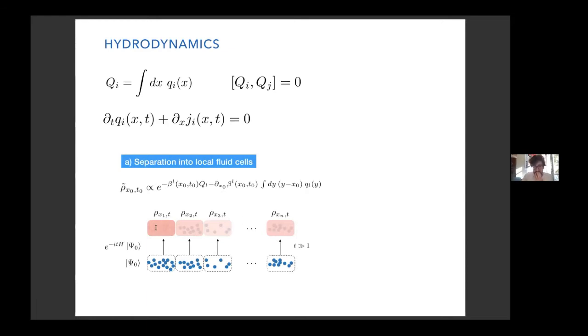A local fluid cell means that on some macroscopic scale, the off-diagonal terms of the density matrix are zero, and we can write the density matrix as a spatial modulation in terms of our local densities.